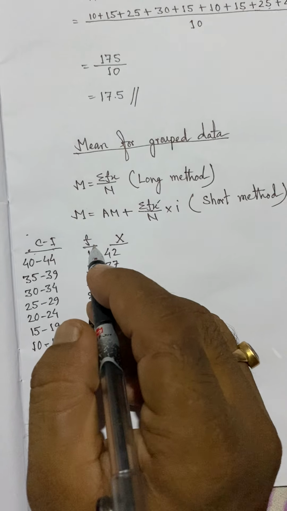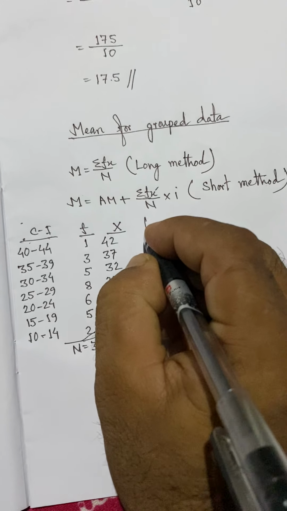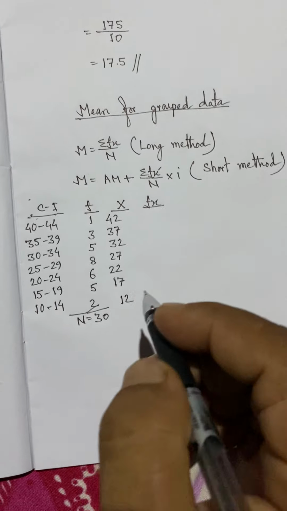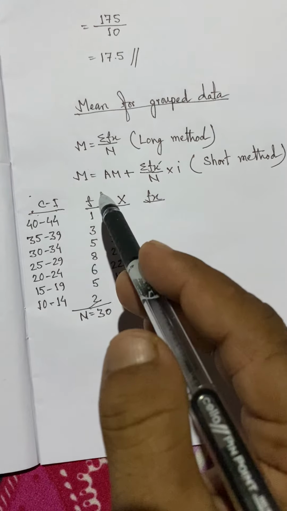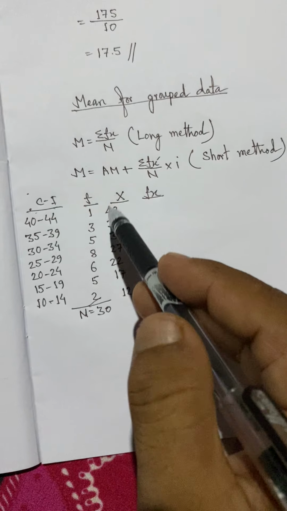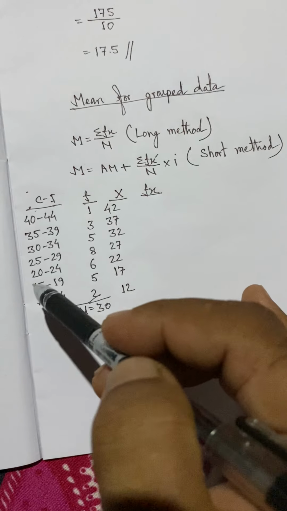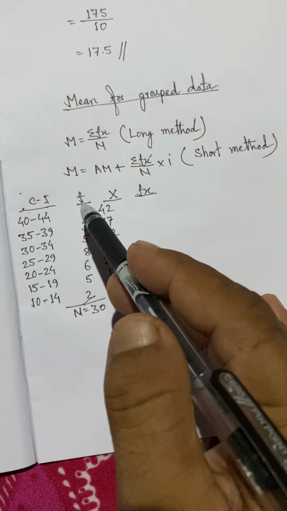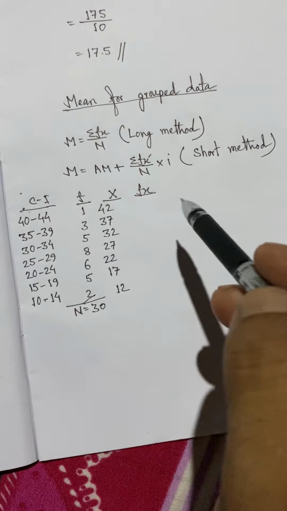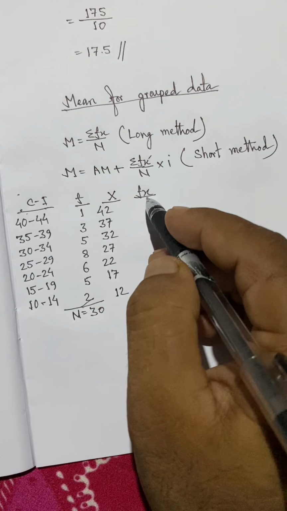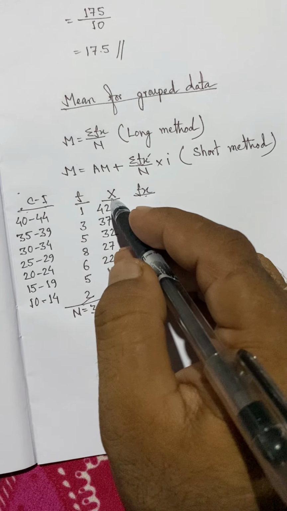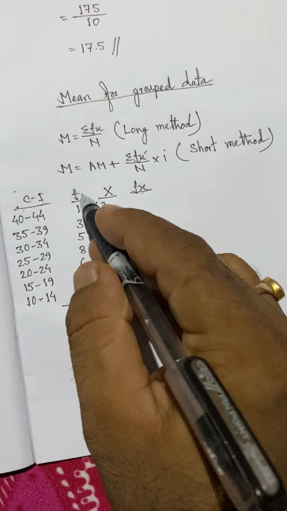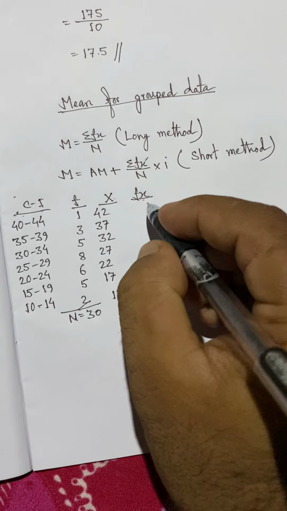Now you have to find fx. This is very easy. You have the table with class interval and frequency. Find the midpoint of each class interval, then multiply this x with f. That is fx, this f into this x.